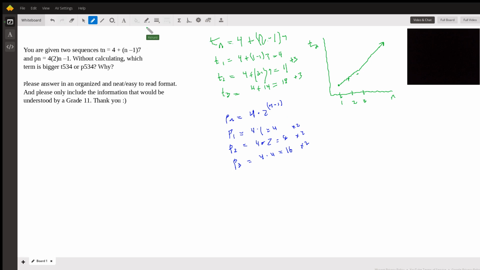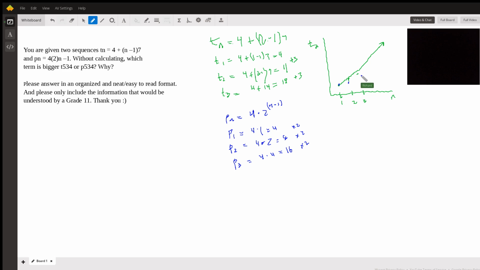If we were to plot the blue line, the first one would be 4, so it actually starts at the same point here. And then the next one is 8. The second one was 11, so it's 8 here. It's going to be a little below.